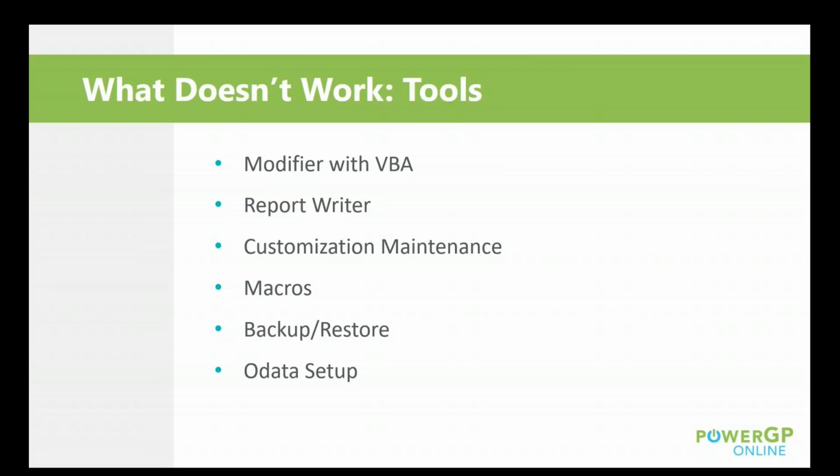These features do not work in the web client, either because they're just not friendly with HTML5 or because it doesn't make sense because of where the data is located. So there are a couple different reasons why they don't work, and the why isn't really important, but there are a lot of things that you can do and customizations you can make to your system to certainly protect your data.